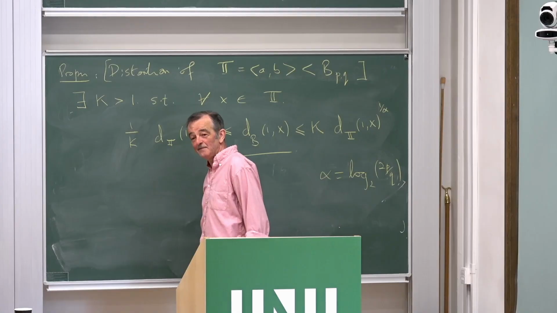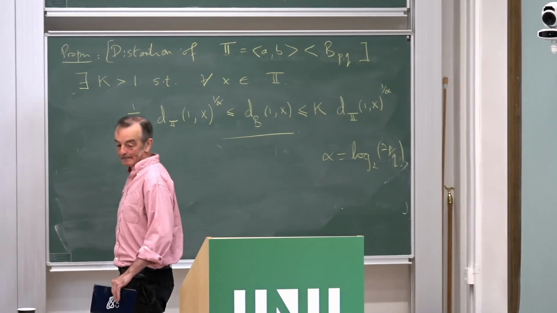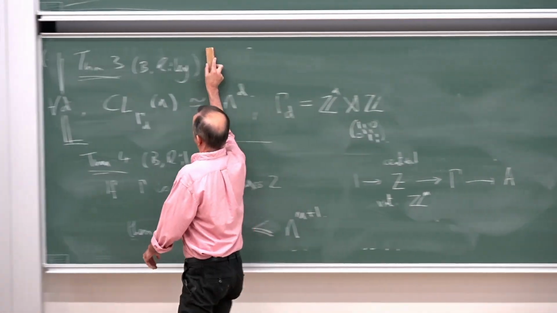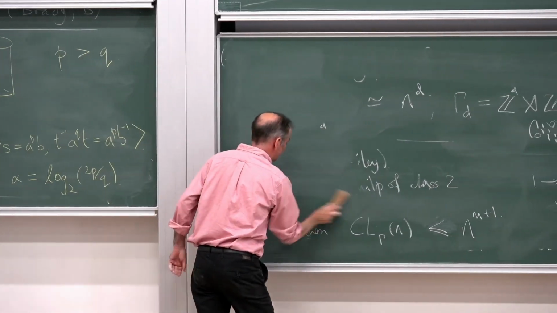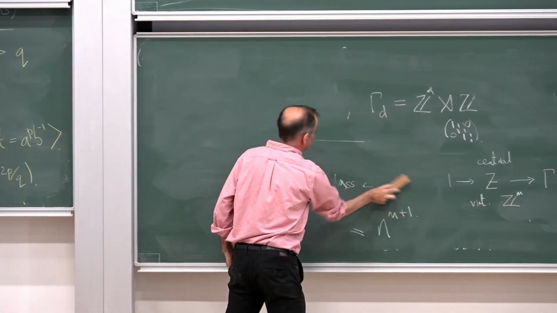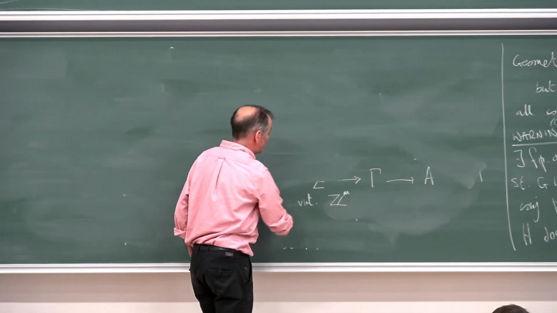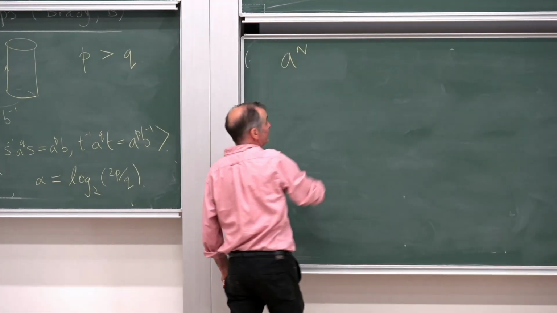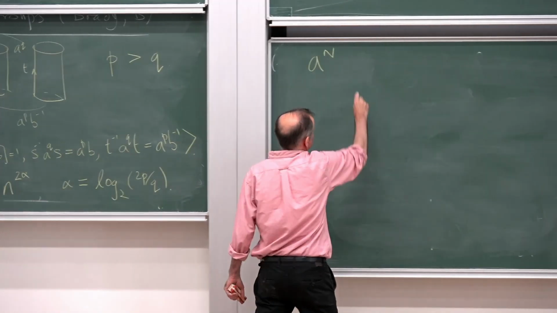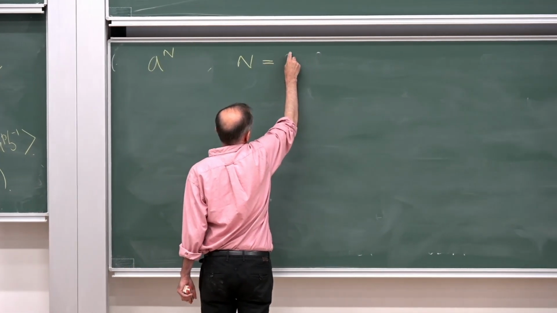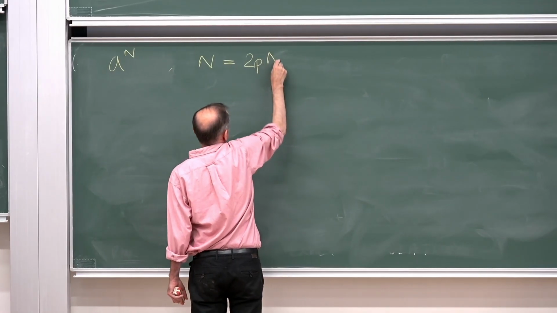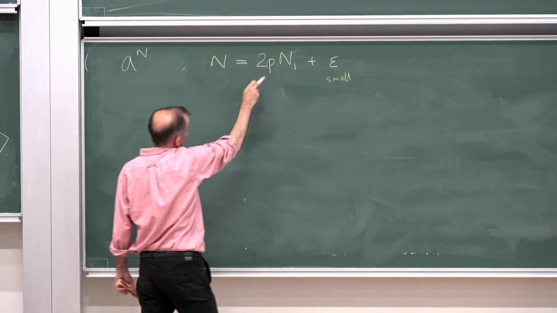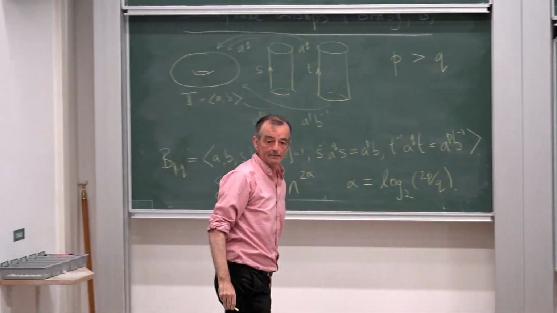Now, why might you believe that is true? Well, this is where the snowflake geometry comes in. Think about the cyclic subgroup generated by A. Let me try and convince you that that has weird distortion. So let's take some big power of A, but I'm going to write that as 2P times something plus a little error. Think of that as a small error. You divide by 2P as much as you can, then you've got a small error.